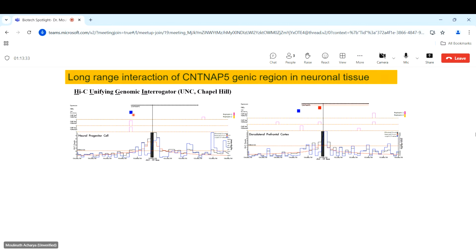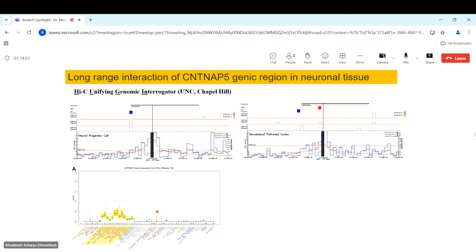And then you can see that there is a topologically associated domain in the CNTNAP5 region here in blue. Okay. And in the dorsolateral prefrontal cortex, this region is also there. And in addition to that, there is a frequently regulating element that's actually sitting inside these loci, where exactly these SNPs are.